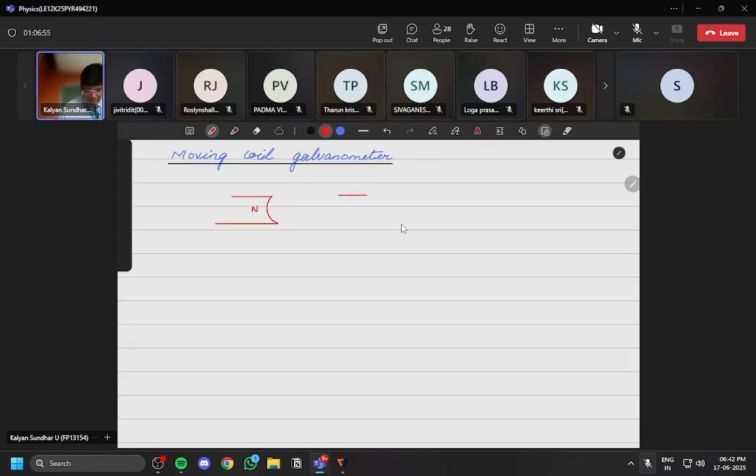So this coil is maintained between strong magnetic poles, north and south, and here you will have a coil. In the coil you will have a wire. So current will flow from here to this end, right?